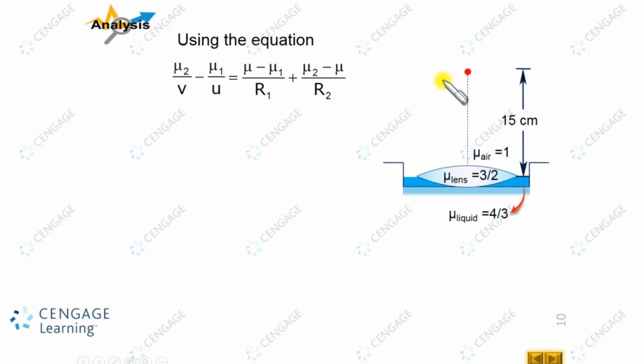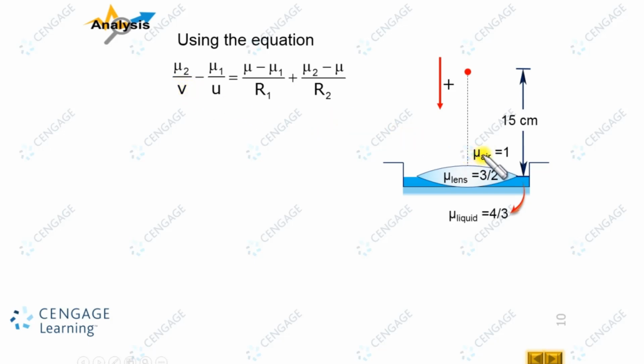So here let us assign the positive direction as the downward direction. That means U is equal to minus 15 centimeter, and the rays become parallel to the principal axis because they are incident normal to the mirror. That means V is equal to infinity.